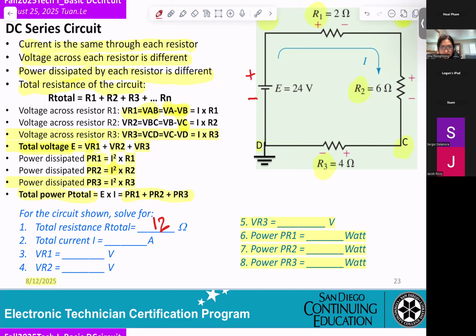Two amps. 2 amp. Perfect. VR1: 2. VR2: 4.